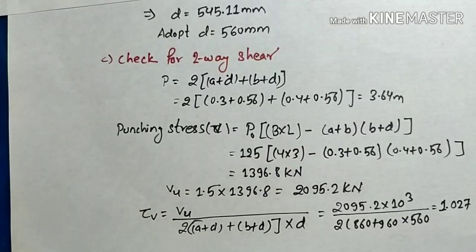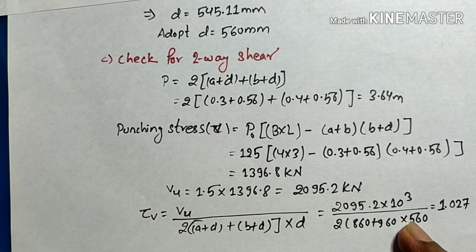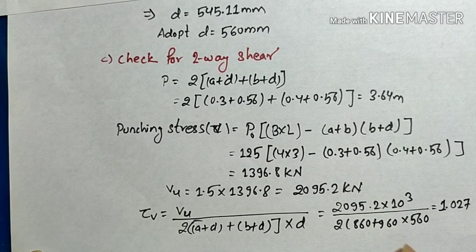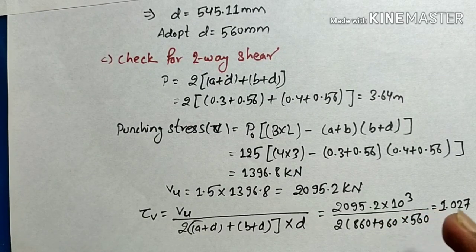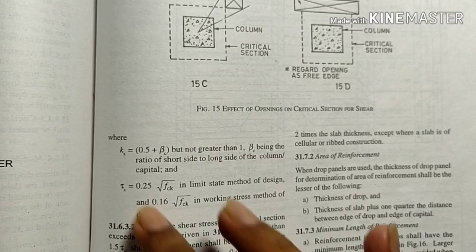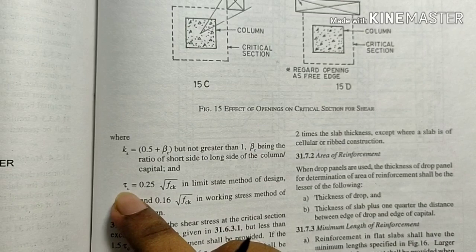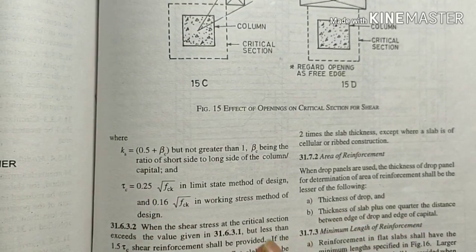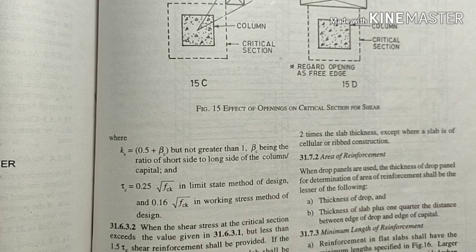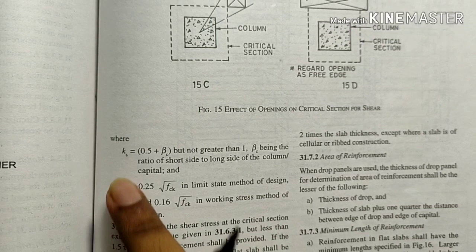Now we have got the value of tau V, and for two-way shear we have a separate provision for the rectangular or square column, which is on page number 58. Let me show you. Now again we will multiply Ks into tau C to check whether our structure is safe in two-way shear or not. Let's find the value of Ks first.